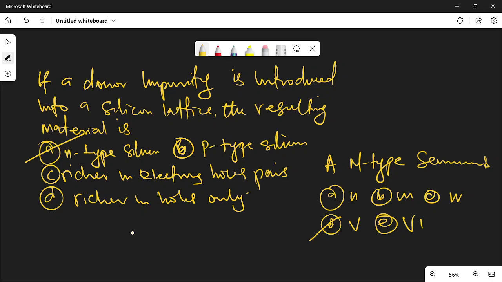Please repeat the question. A certain manufacturer wishes to make an N-type semiconductor. Which materials would he select for doping? A. Arsenic and antimony. B. Aluminium and indium.